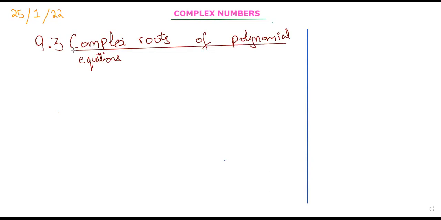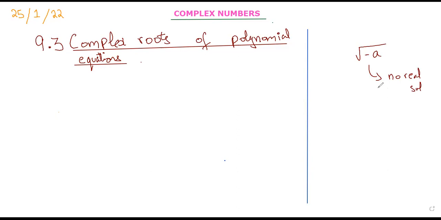So, so far, before this chapter, whenever you used to solve quadratic equations and you used to get under root minus something, let's say a, we write no real solution, right? So this is correct. This is not a real solution, it is a complex solution. It is a complex root, right?